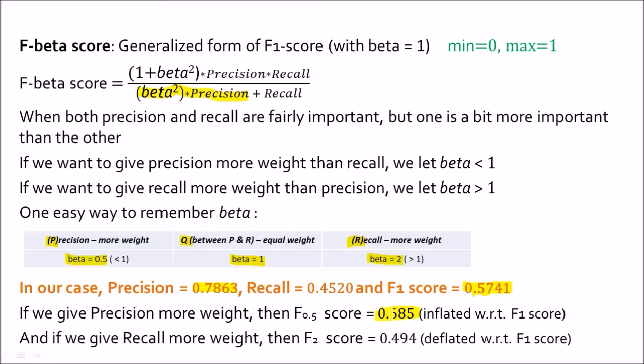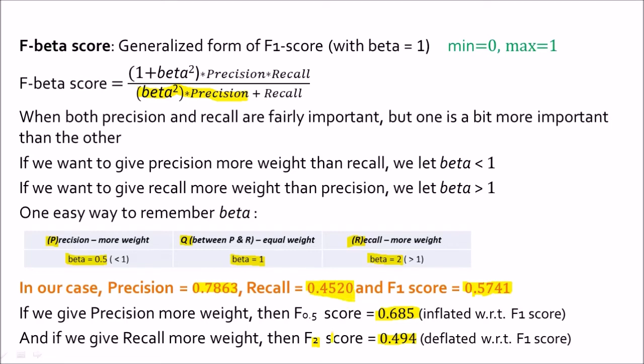Now if you want to give recall more weight than precision, then I would use the value beta equal to 2, and my F2 score now turns out to be 0.494. Why has it been deflated with respect to the F1 score? That is because I have a very meager, a very ordinary recall value of 0.45.